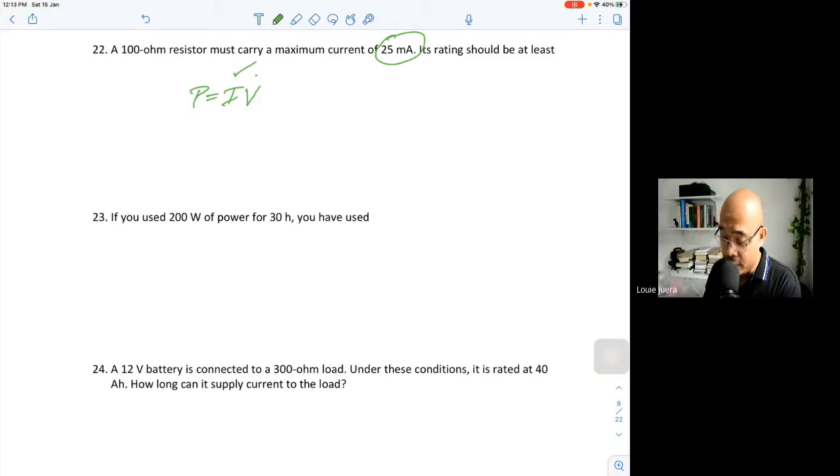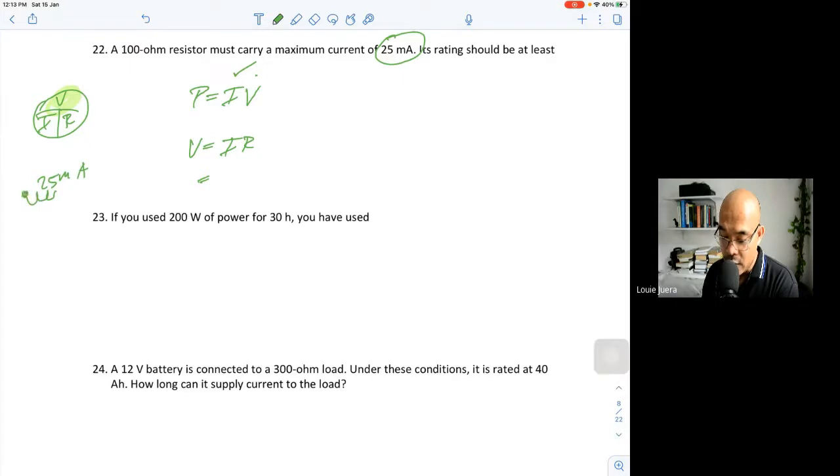So you have the voltage, V equals IR. The voltage is just the product of your current times resistance. The current is equal to 25 milliampere. You just have to move the decimal point 3 places: 1, 2, 3.